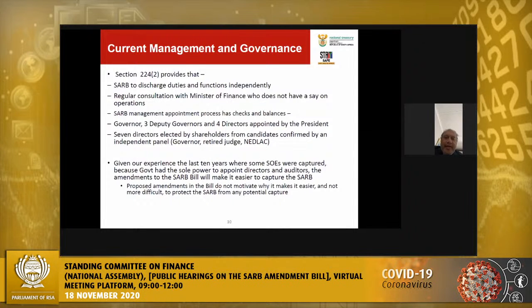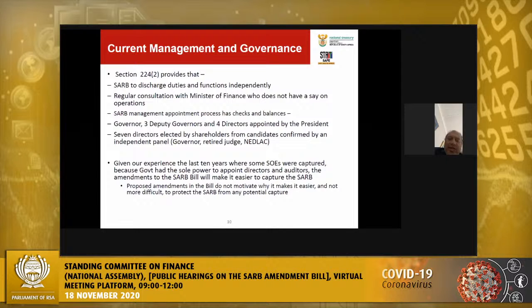Given our experience over the last 10 years with state-owned entities when some of them were captured, I think we would submit that the fact that any minister has the sole power to appoint all directors and the auditors, and this is an oddity from the Companies Act as well, that when you have a sole shareholder, effectively the sole shareholder appoints the auditors, made it pretty easy to capture.